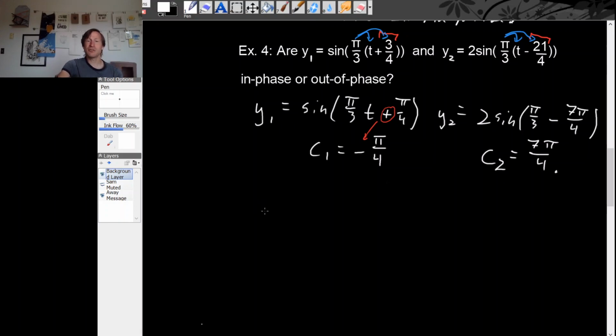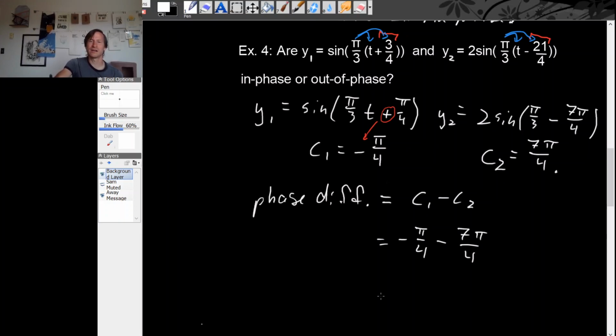Okay, now that we know the two phase angles, we can find the phase difference, which is just C1 minus C2. So negative pi over 4 minus C2, which is 7 pi over 4. That's minus 8 pi over 4.